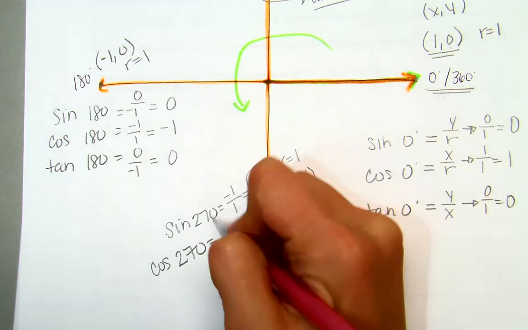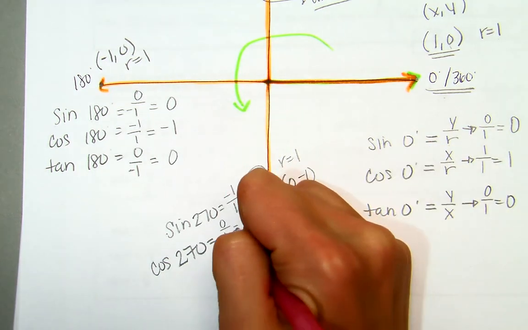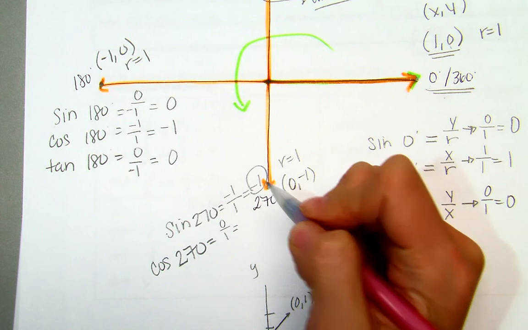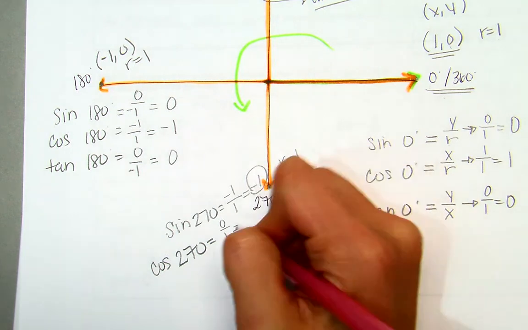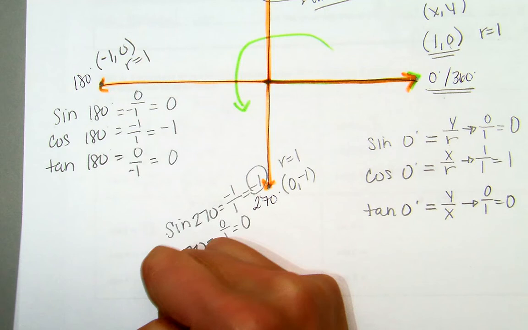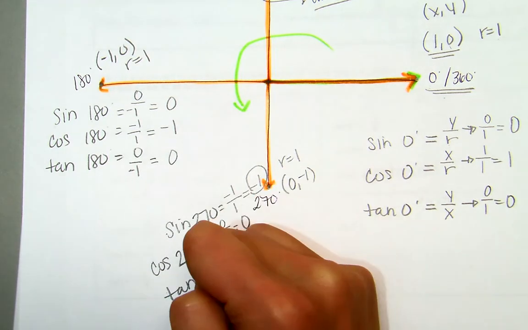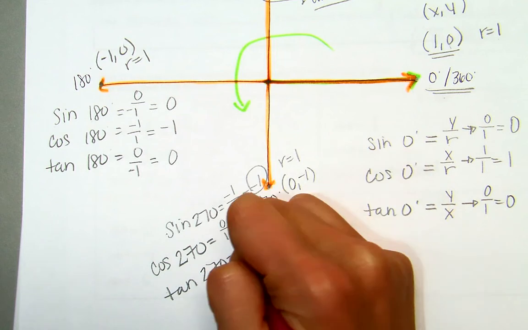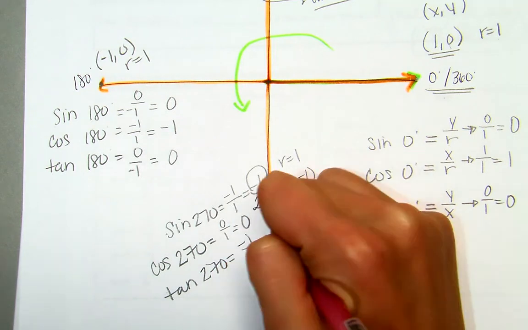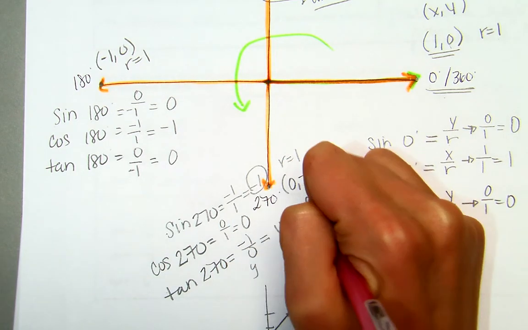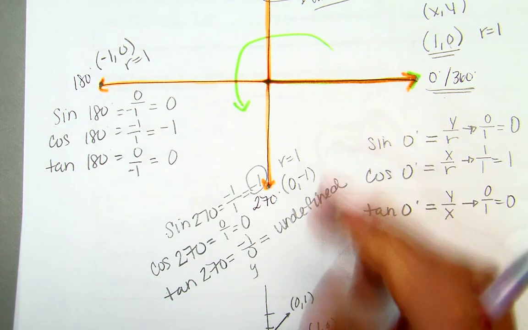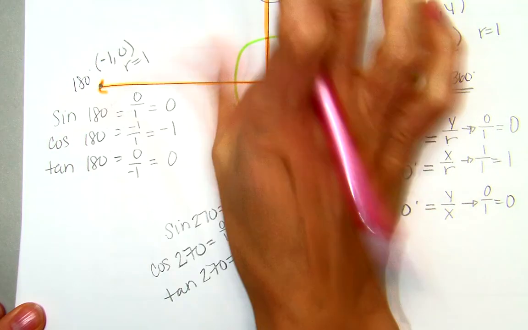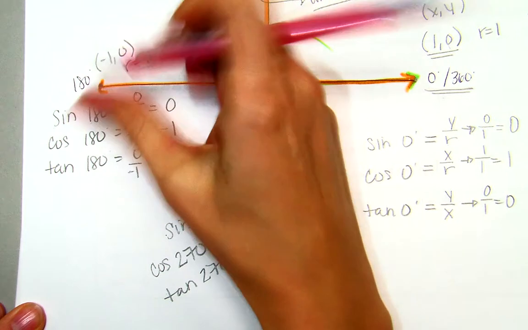So we get 0 over 1, which is 0, and tangent of 270 is equal to y over x, which is negative 1 over 0, which we know is undefined. I just caught a mistake I said earlier, so this is your radius. This should actually be positive 1. Okay.